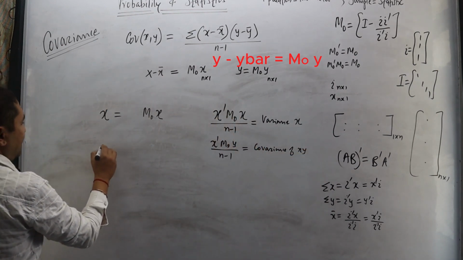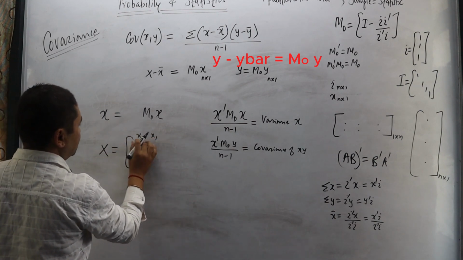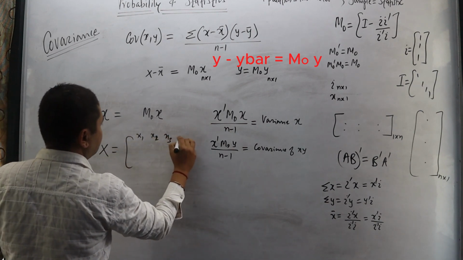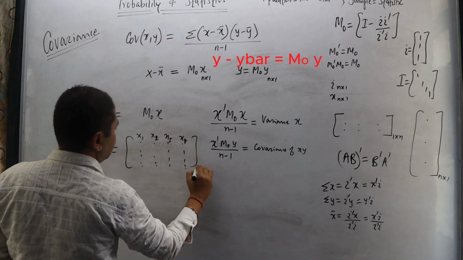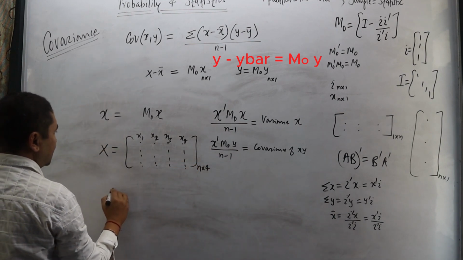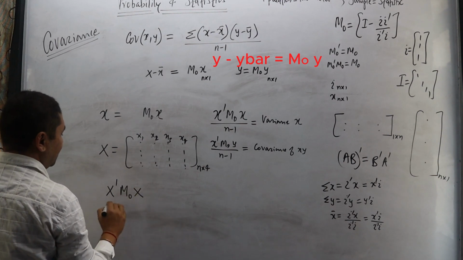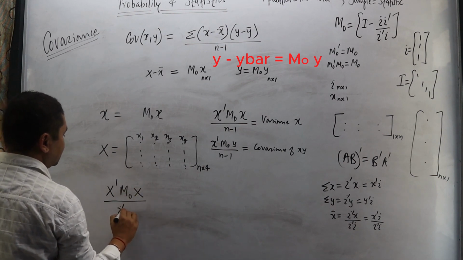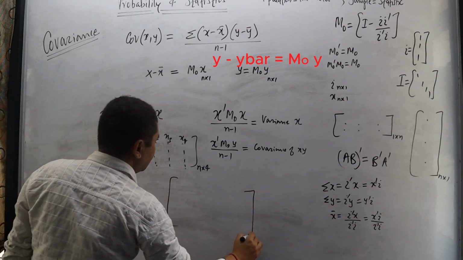But if we have the matrix X, meaning it contains the vectors of the variables, x1, x2, x3, x4, and so on, and we have n observations, then it is of order n by k, or n by 4 here. In this case, if we write X transpose M0 X and divide it by n minus 1, we are going to get the variance-covariance matrix.